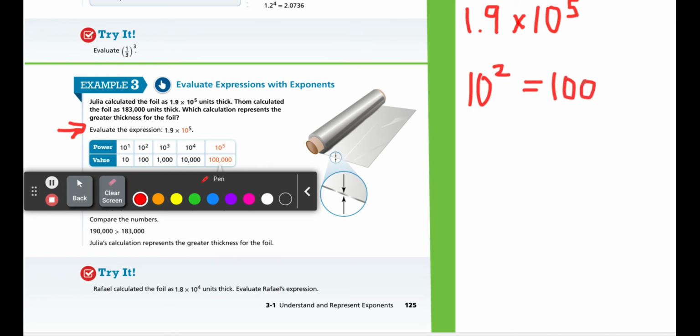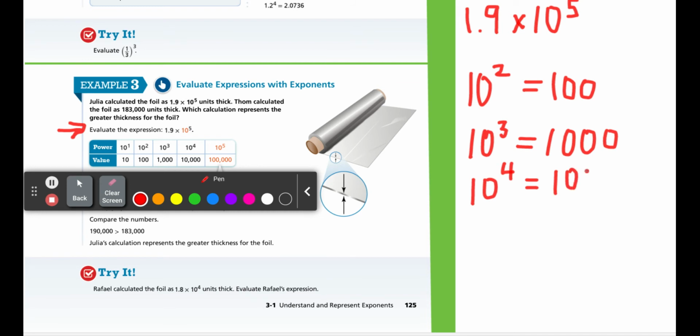You don't have to write this. 10 to the 3rd power, well, 10 times 10 is 100, times another 10 is 1,000. 10 to the 4th power is going to be 10,000. Do you notice a pattern? And then 10 to the 5th power is 100,000.